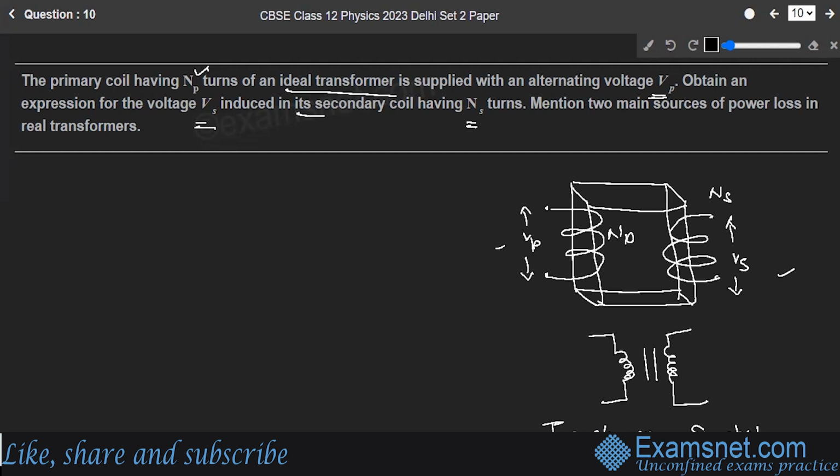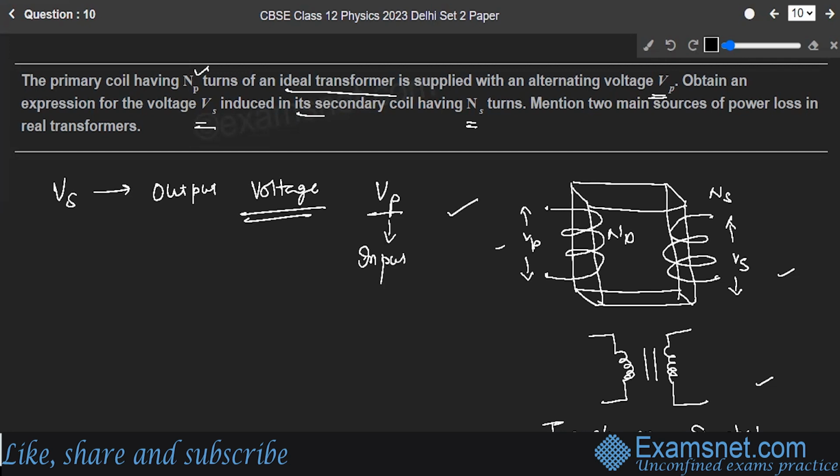For a simple transformer, which is shown over here, this is the transformer symbol. The output voltage Vs is almost entirely dependent on the input voltage Vp and the ratio of the number of loops of the primary and the secondary coils.